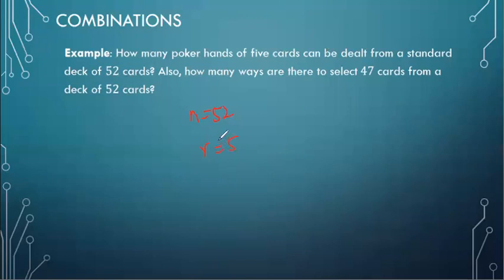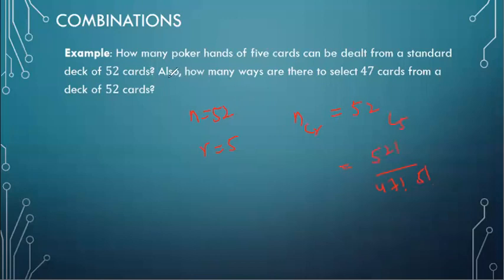Now from this, we have to find the different ways of selecting 5 cards. So for this, NCR will be applied, so it will be 52C5. So 52C5 is 52 factorial by (52 minus 5), which is 47 factorial, into 5 factorial. So over here, you can simply leave it as it is, or you can use your calculator and find the actual solution. So for now, I am leaving it this way.